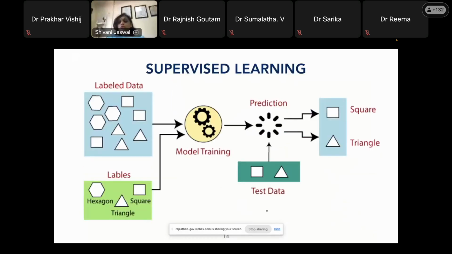So supervised learning models, they are trained by giving them a lot of data with the correct answers or the labels. So once it has a lot of data with the correct answers, it can make its own observations by making patterns with the right answers in the given data.